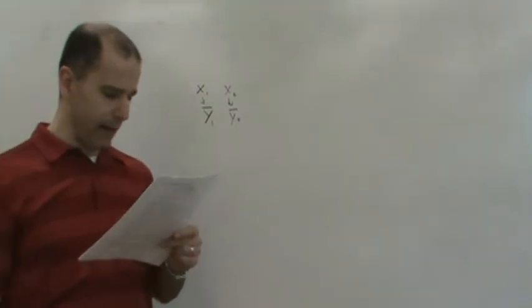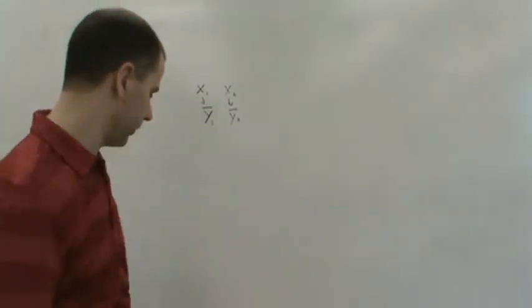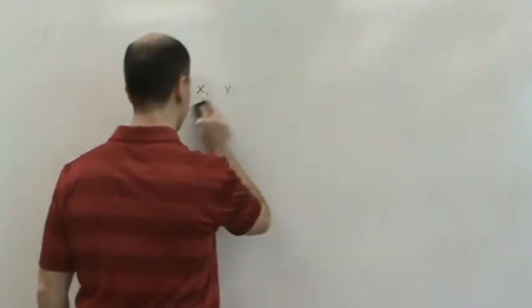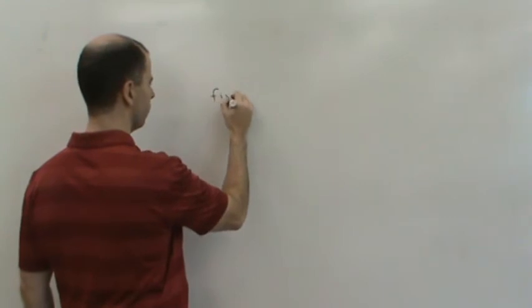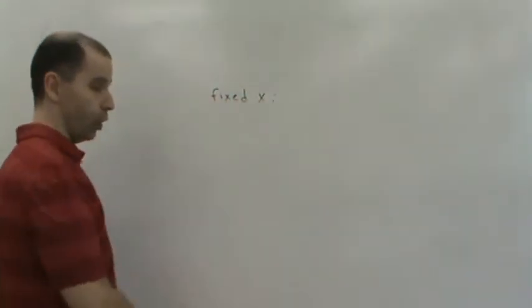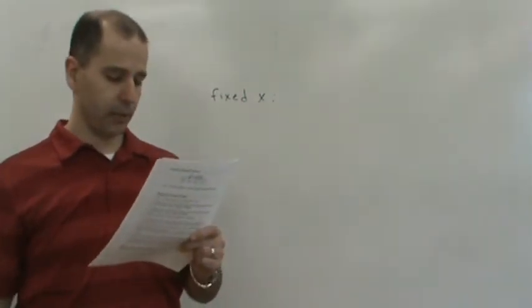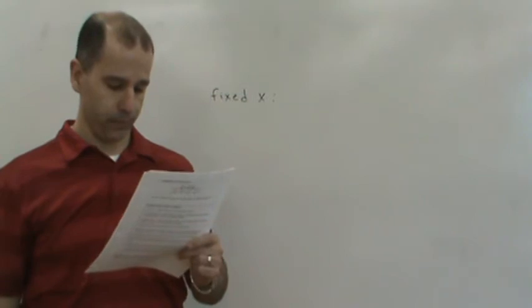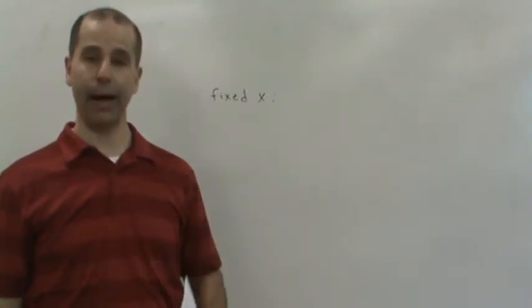Two, the y values for any particular fixed x value. That's going to be important. Let's say we have a fixed x value. For any particular fixed x value, the y values are going to be normally distributed about that line.